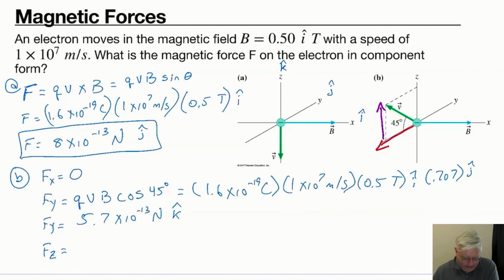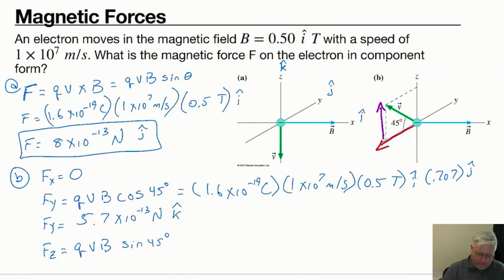All right. And then in the z direction, now it's going to be sine, because now we're looking at the opposite side, but it's still going to be the same 0.707.